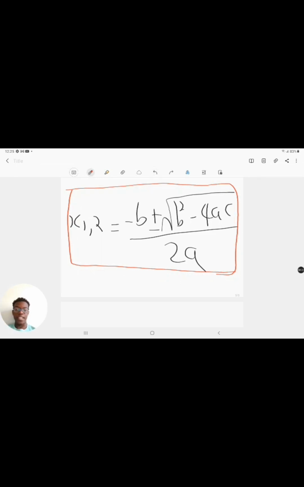Your roots are your x-intercepts, and if you use this to find your x-intercepts, then you use this to find your roots. Okay, I hope that makes sense.